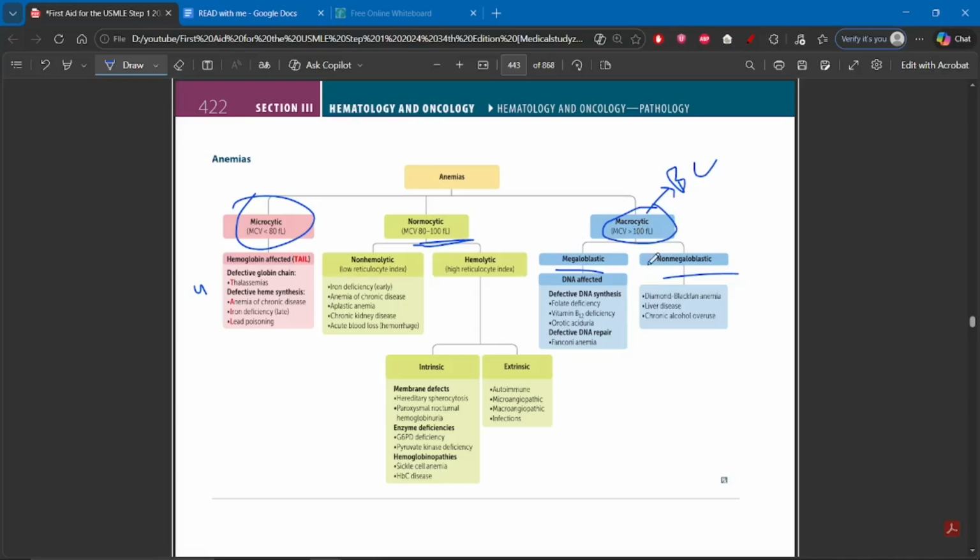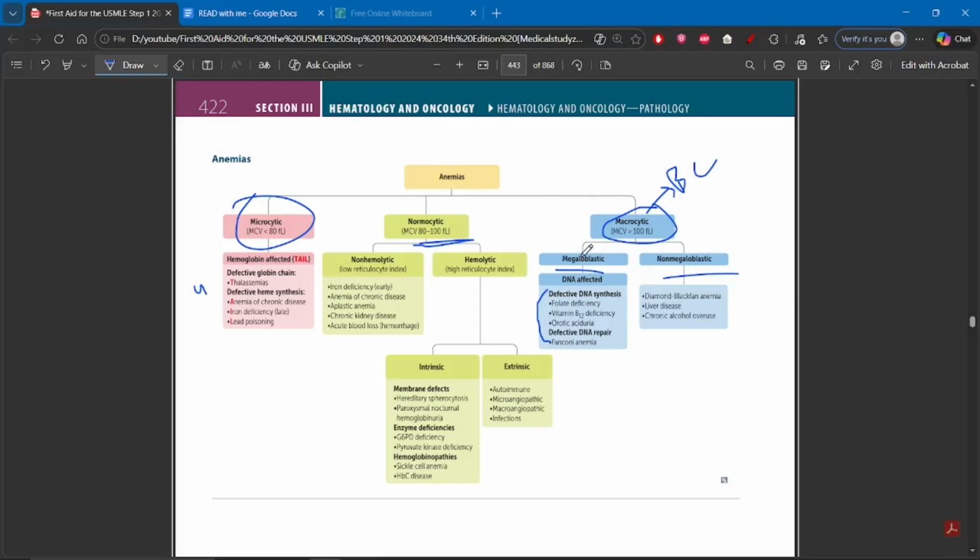Megaloblastic means that the presence of big cells is accompanied by defective DNA synthesis, or some defect in the DNA, because mostly DNA is defective when big RBCs are present. So the better way to study this is, if you find macrocytic cells in somebody's blood, you further divide it into megaloblastic and non-megaloblastic.